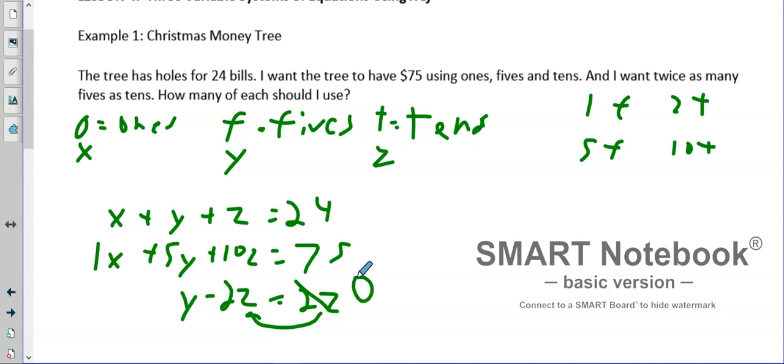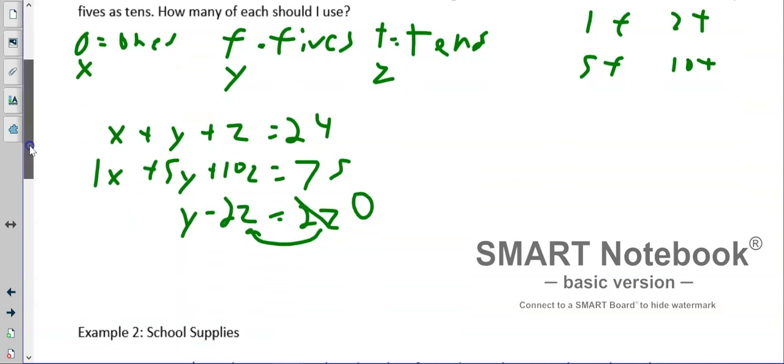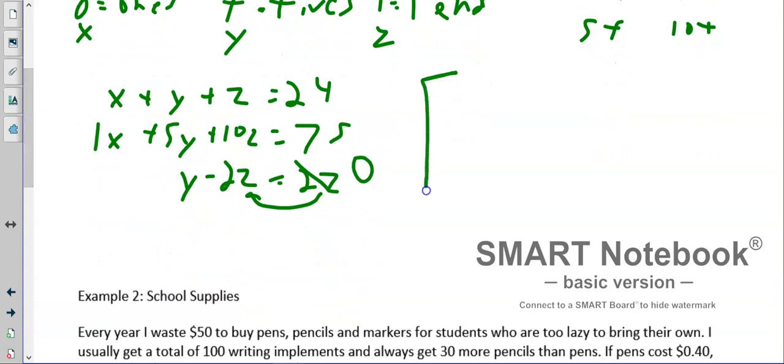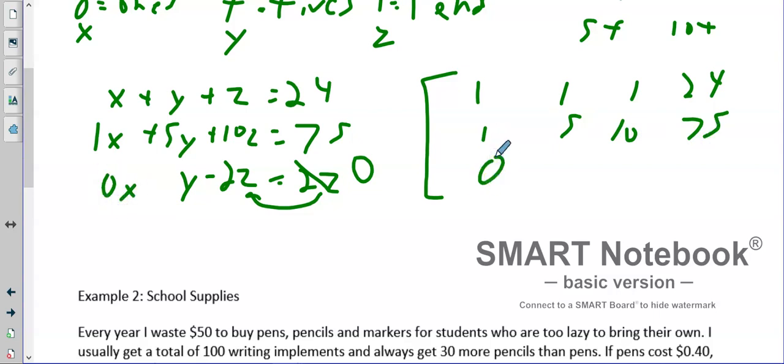And now I can set up my augmented matrix. So it's going to be 1, 1, 1, 24, then 1, 5, 10, 75. And remember, I have 0 x's here. So 0, 1, negative 2, and 0 again.